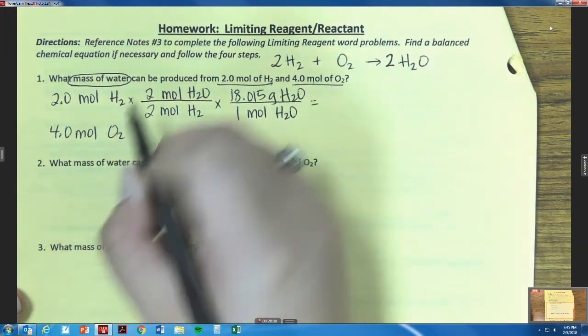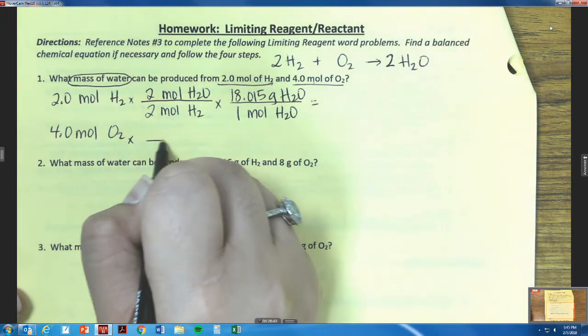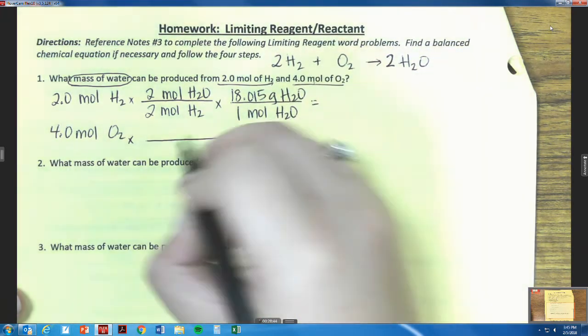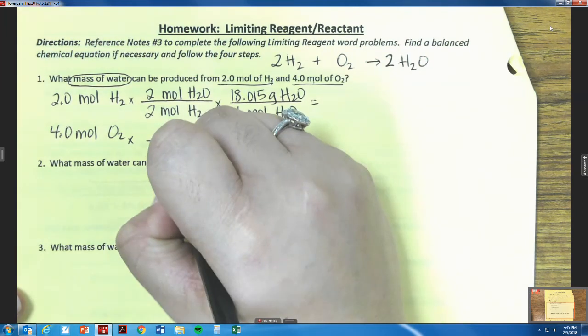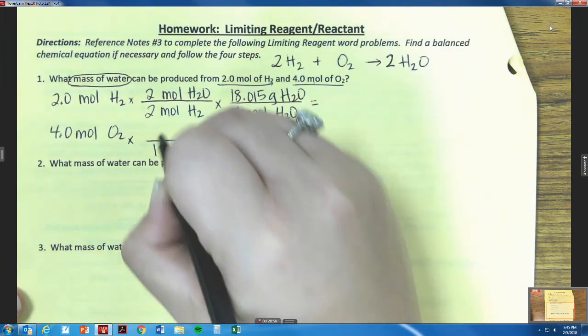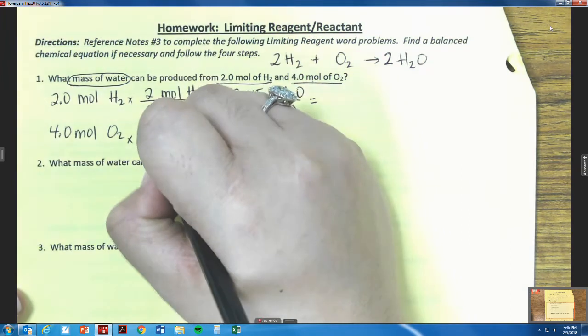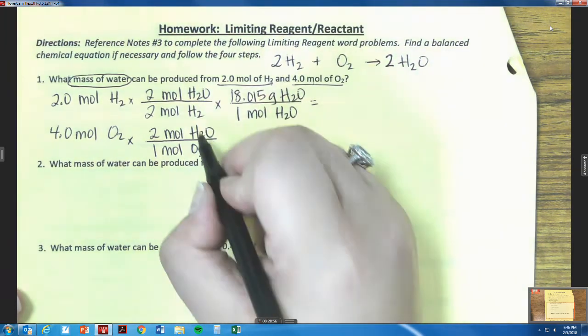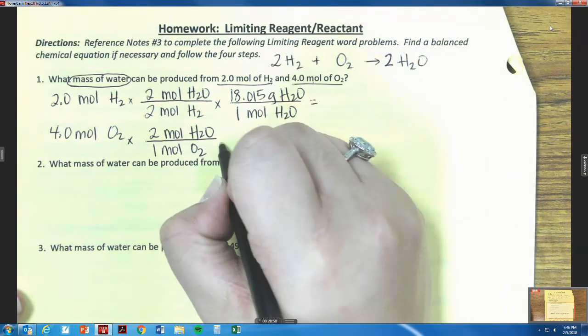Now for oxygen, you're going to do the same thing. So coefficient ratio, you have 1 for oxygen, so 1 mole of oxygen, and your coefficient ratio for water, again, is 2 moles of H2O. That's our coefficient ratio.